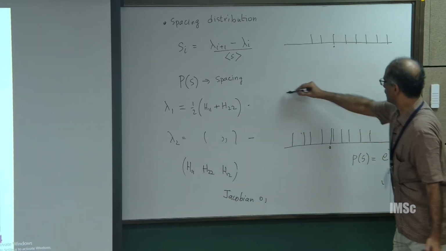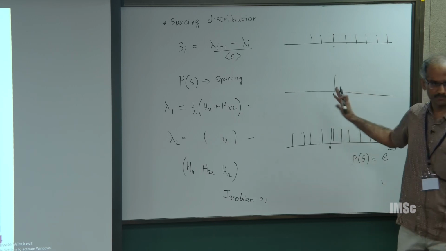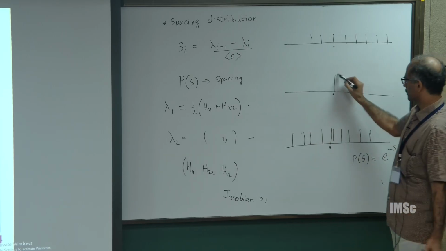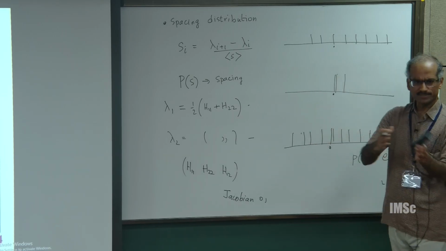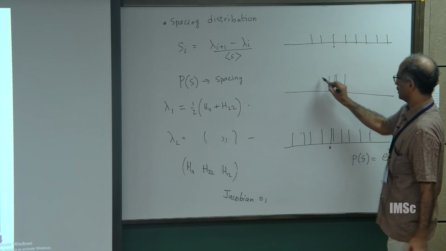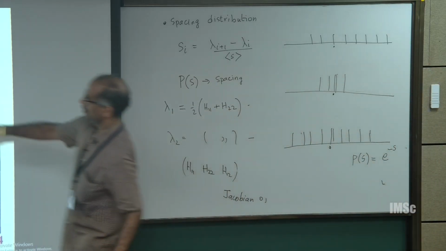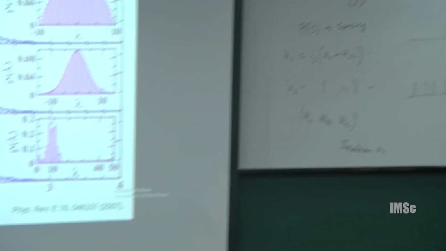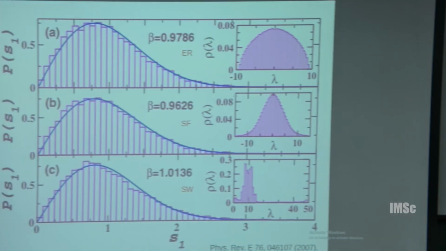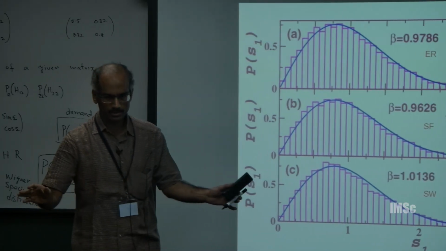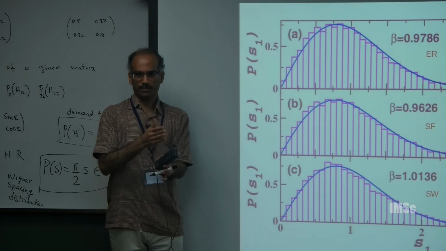In between these two limits, you have something where there is a constraint: I place a level somewhere here, and the next one can't be too close and can't be too far. In other words, it maintains some social distance, so to speak, between the levels. That is the content of this blue line. The probability of getting small spacings is 0. You can't have one sitting on top of another. For a GOE matrix, you calculate its eigenvalues, and you will not get two eigenvalues sitting on top of one another.